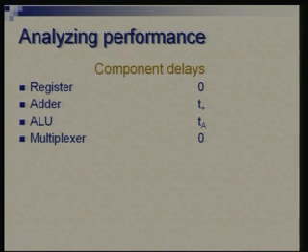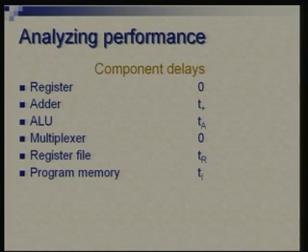One doesn't have to assume this, I am just doing this to make the expressions or analysis a little simpler. But of course the assumption is a rational assumption in the sense that the delays which are actually small compared to others are being assumed to be 0. Register file TR, program memory TI, data memory TM.